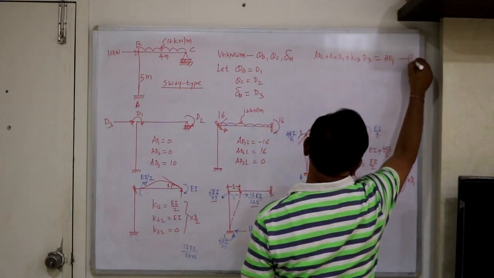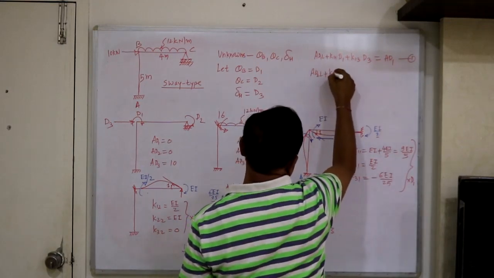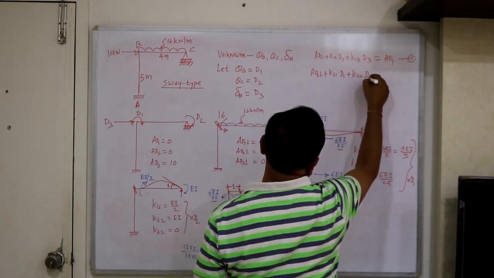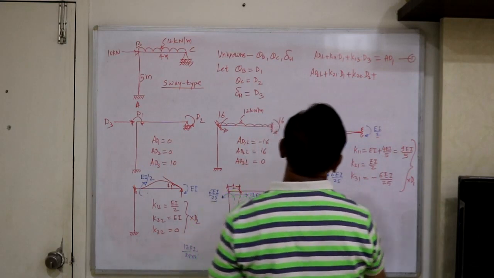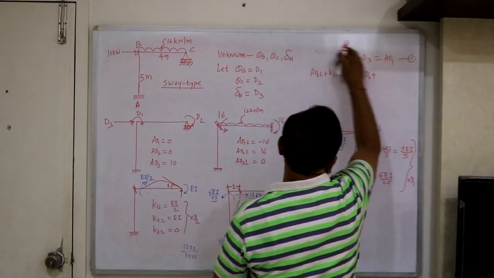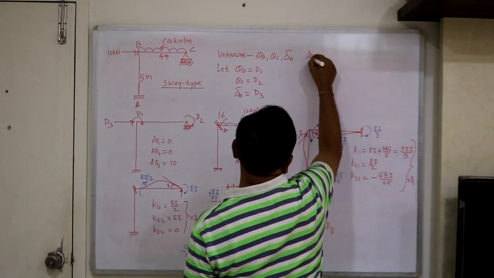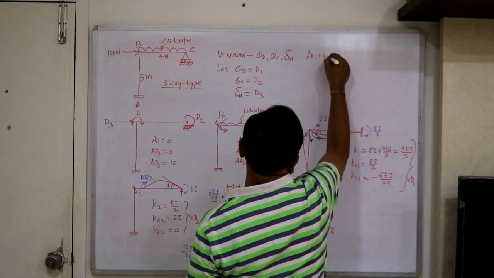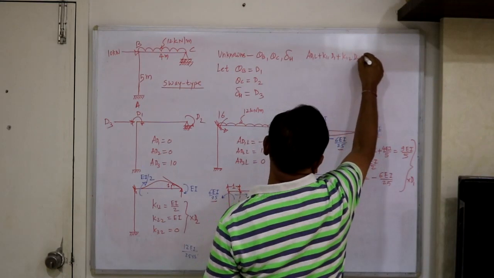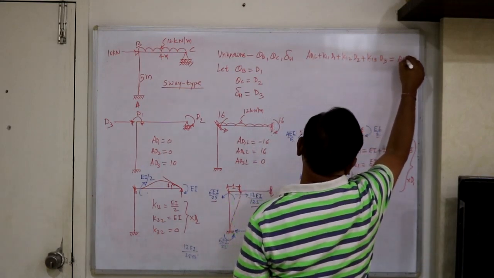So the first equation, you develop. I'll write it down once again: AD1L plus K11D1 plus K12D2 plus K13D3 equal to AD1.